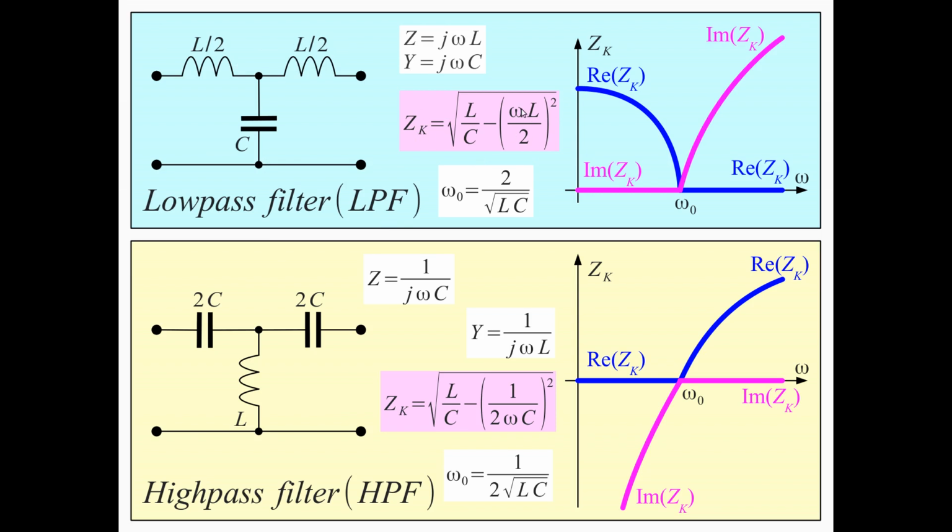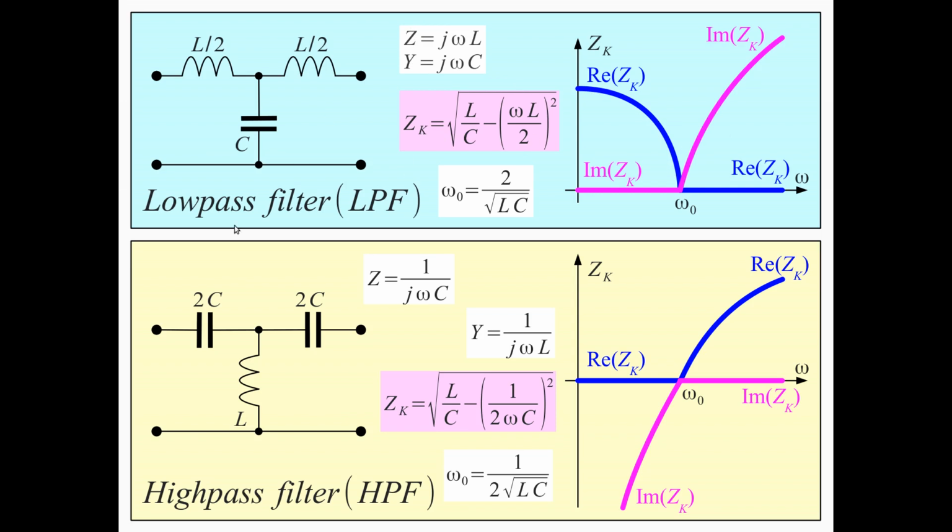When omega grows, this term grows, and the square root becomes of a negative value. So it's imaginary at high frequencies, and it's real at low frequencies. This is the passband of this filter, and this will be the stop band. A very simple low-pass filter, just plugging in the values that we have here for Z and Y: for Z we have inductors, and for Y we have capacitors.